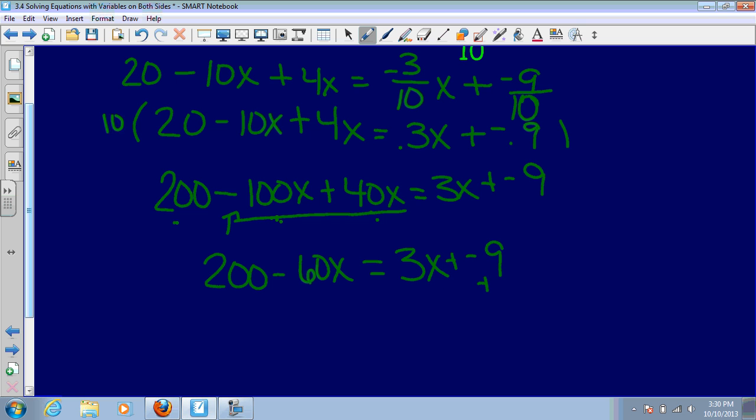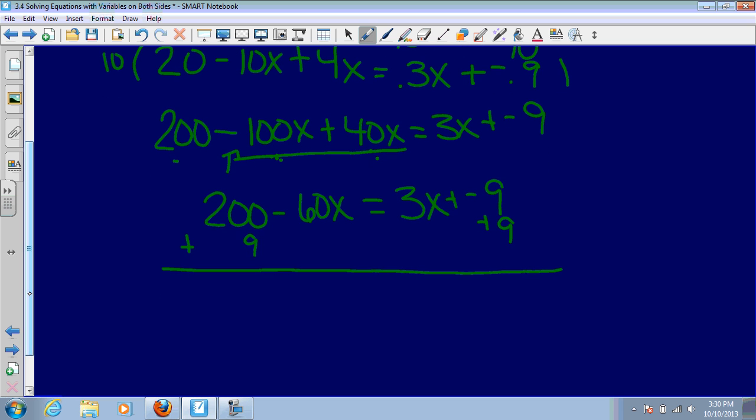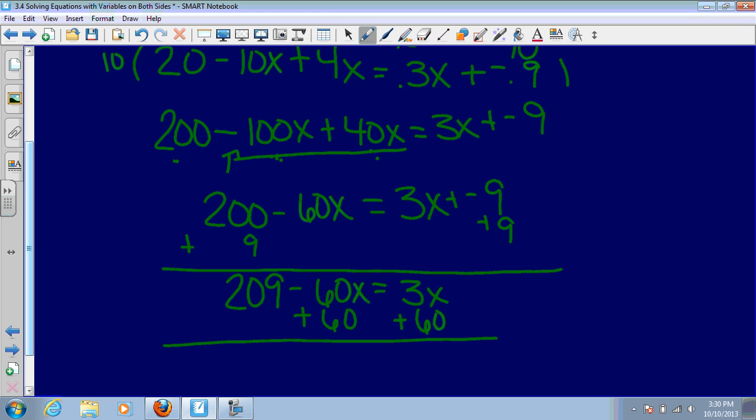Add 9 to both sides. And we have 209 minus 60x equals 3x, plus 60x, plus 60x. 209, oops, I think I made an error, this should be negative, didn't I?